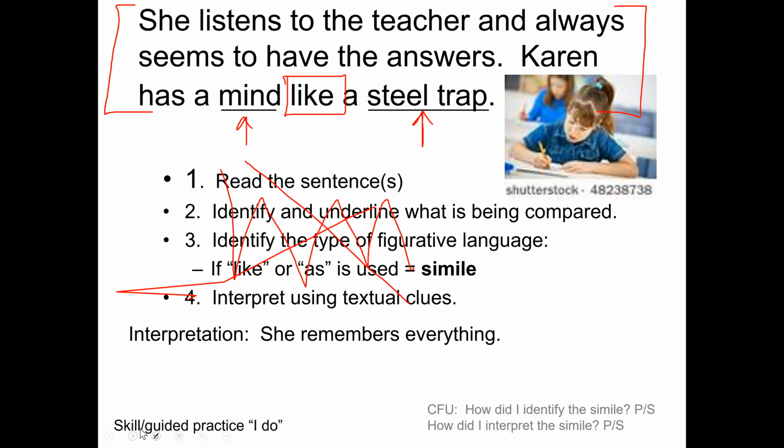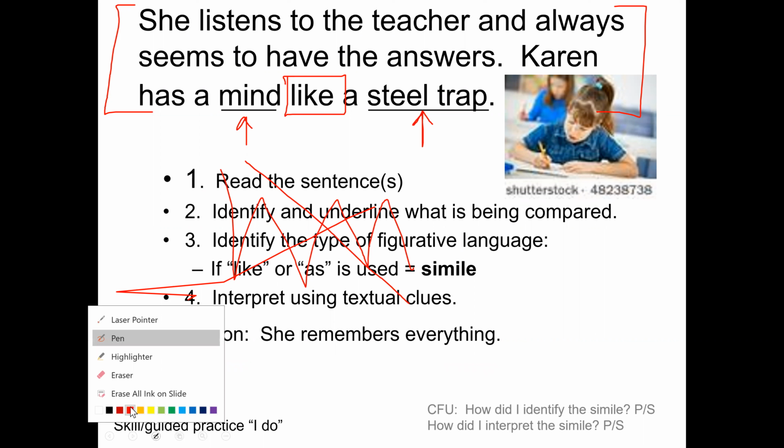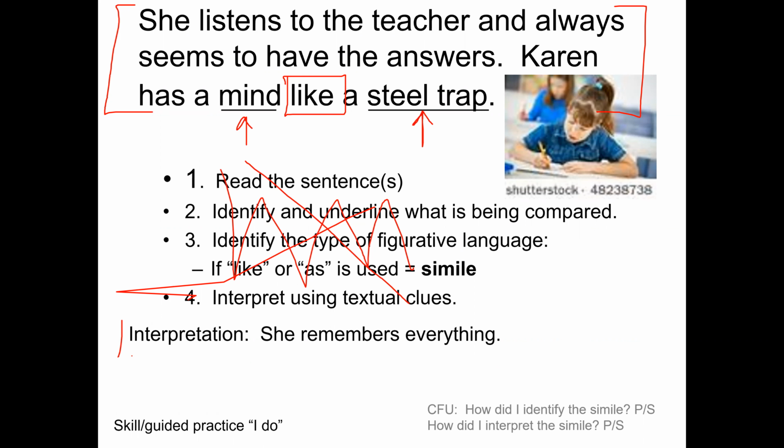Please write the simile as well as the interpretation. Just like how the steel trap would hold the animal, her mind holds the information. That's a wonderful simile, by the way.